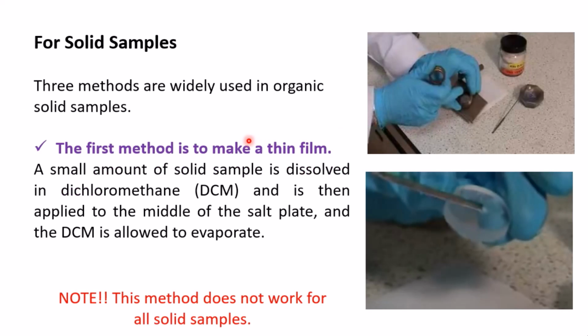We have the first method, where you dissolve your sample in an amount of dichloromethane, and then you add it to the plate, and then you put the two cells together, and make sure you clean any trace of spillage around the cell.